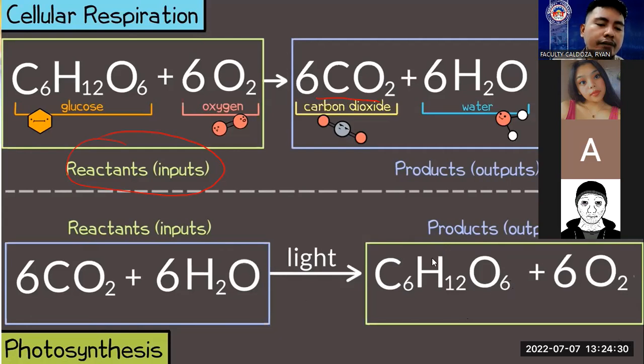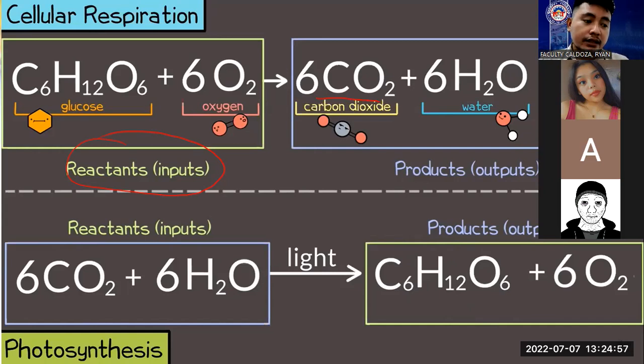The glucose, class, sabi natin dito, is very essential for them to grow and prosper or to develop. Therefore, from photosynthesis, class, they also need to break apart their produced glucose by having cellular respiration. Ibig sabihin, ang mga halaman, may dalawa silang kumbaga proseso.